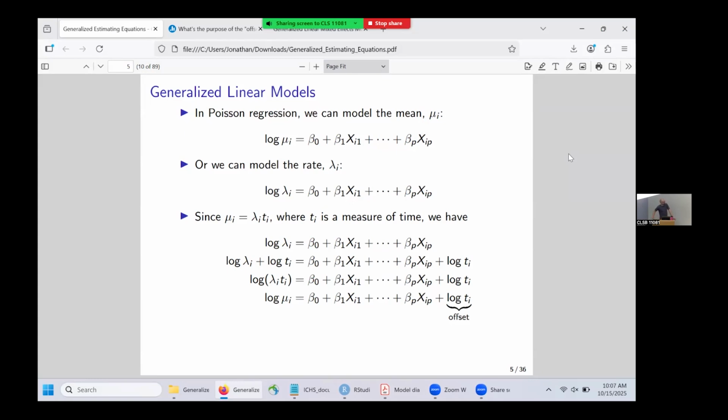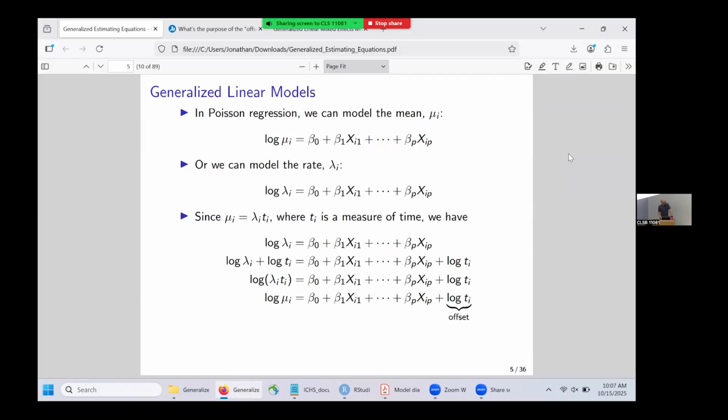I've written that t is a measure of time here, but it could also be a measure of, for example, how many people you are talking about. If we want to talk about rates of stroke in different census tracts, we could ask how many people live in these census tracts, and that's going to be our time, so to speak.